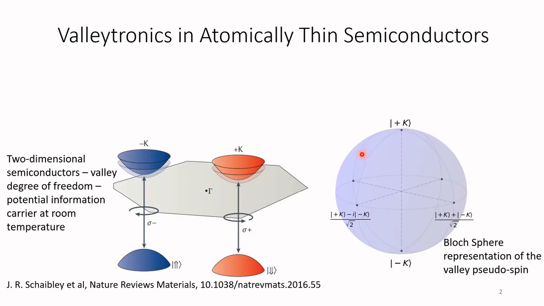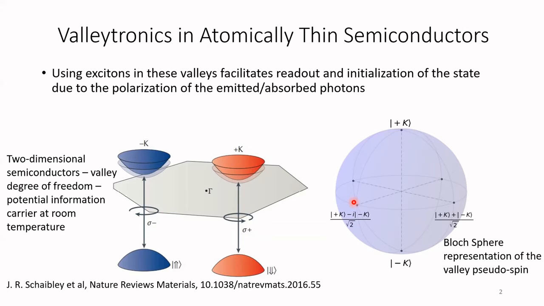And any other state is some superposition of the 0 and 1 state. For example, analogous to the plus x state, we have an equally weighted linear superposition of the plus k and minus k valleys. So this would correspond to plus x, and similarly this state would correspond to plus y.